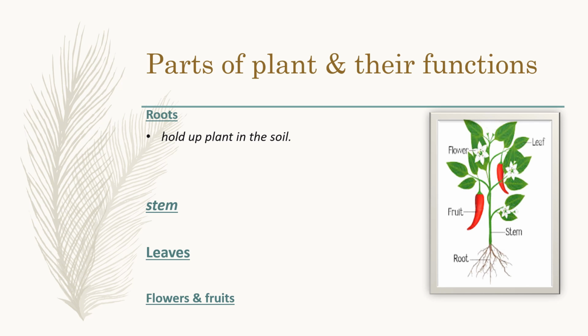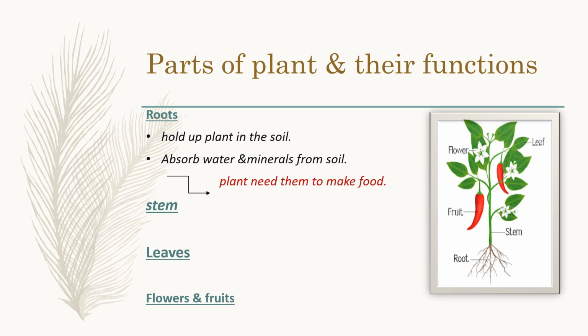Roots hold up the plant in the soil and absorb water and minerals from the soil. Minerals again, you will know its meaning, but after a few minutes. Now you need to know this: the plant needs them to make food. Plants need water and minerals to make food.